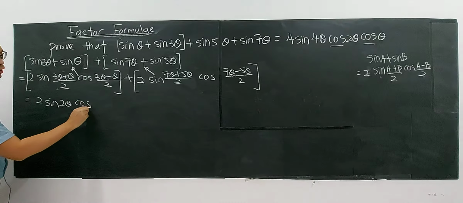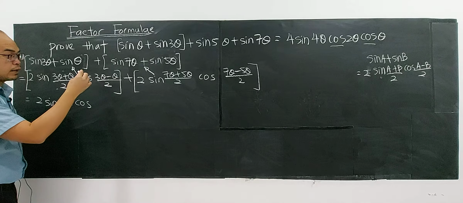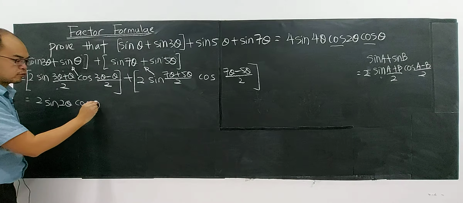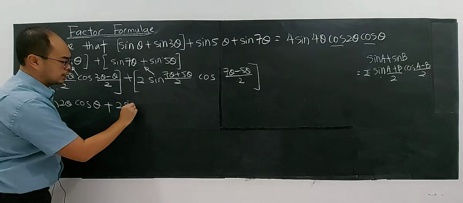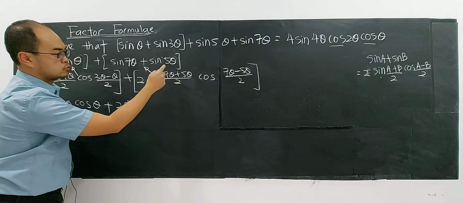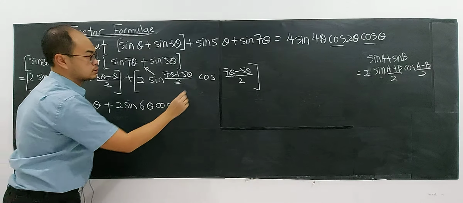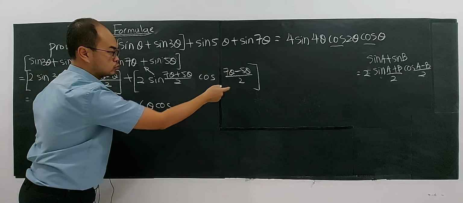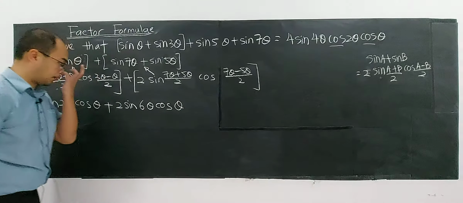Here you have cos, 3 minus 1, 2 theta over 2, you have cos theta. How about this one? You have 2 sine, 7 plus 5 is 12, 12 over 2, 6 theta, and cos, 7 minus 5 is 2, 2 theta over 2, so you have theta, right?